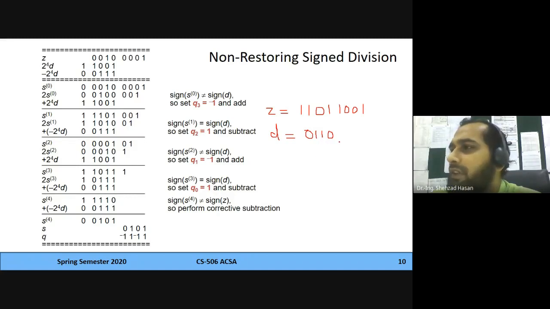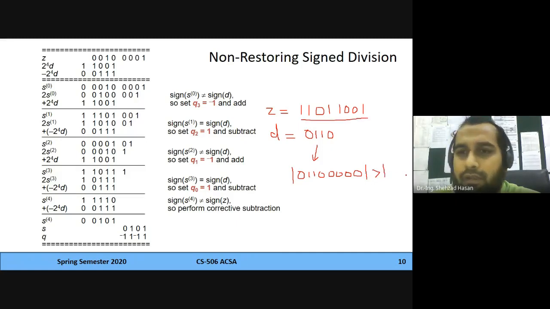If you consider this number and shift it left by four bits, it would become something like 0 1 1 0 0 0 0 0. So this number should have a greater magnitude than this whole number, right?